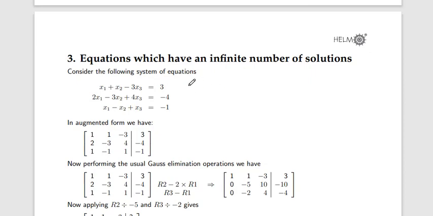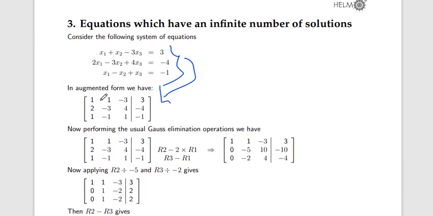So let's take some equations. These are three linear equations. First we transform them into an augmented matrix, with coefficients 1, 1, minus 3, 2, minus 3, 4, 2, minus 3, 4, 1, minus 1, and 1, 1, minus 1, 1, minus 4 and minus 1.